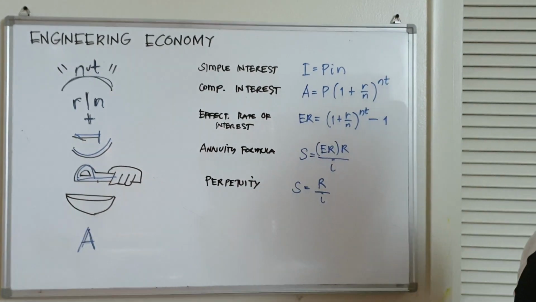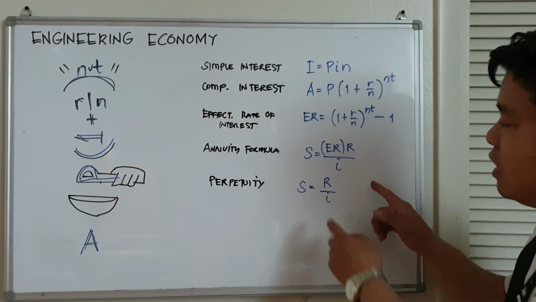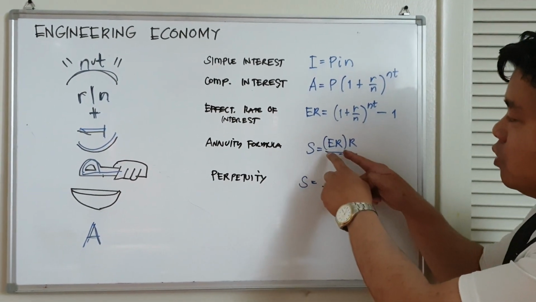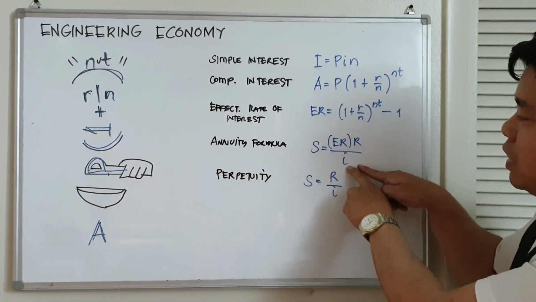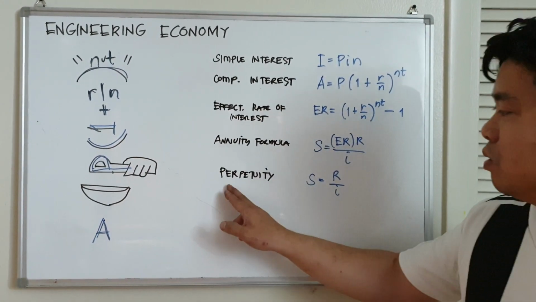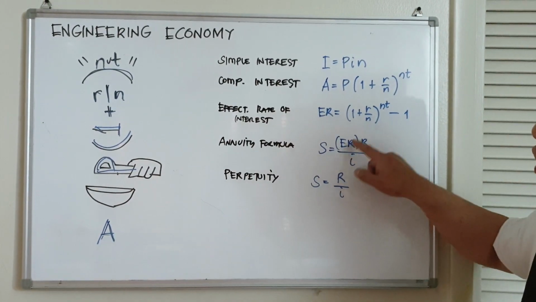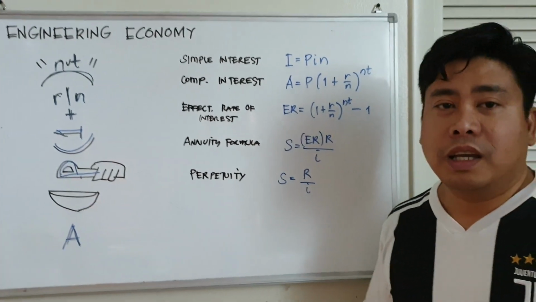So that's the ER, effective rate of interest. The annuity formula, which is Siri: the sum or accumulated amount is equal to ER, this term, times the regular payment divided by the interest. And to calculate the perpetuity, this ER approaches 1, so that's the regular payment divided by the interest.